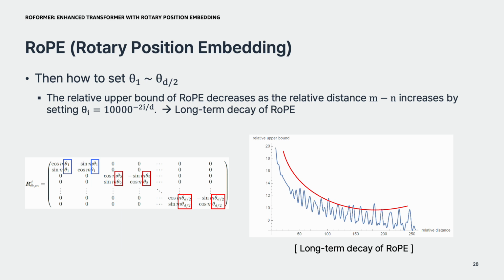Another interesting property of rotary position embedding is long-term decay. As the distance between tokens increases, the inner product value gradually decreases. This prevents the model from forming unnecessarily strong connections with very distant tokens.